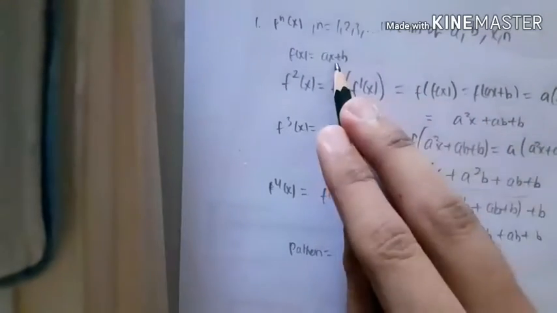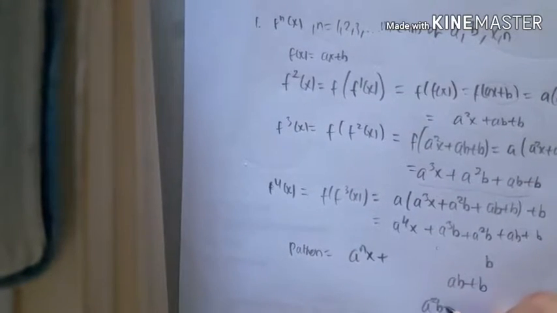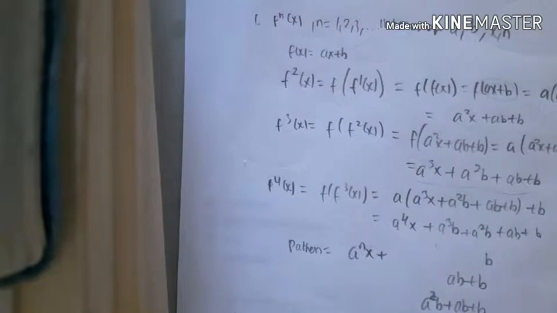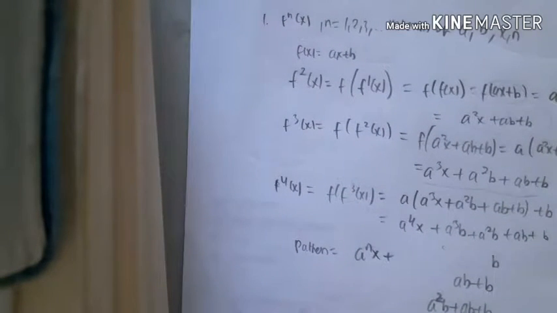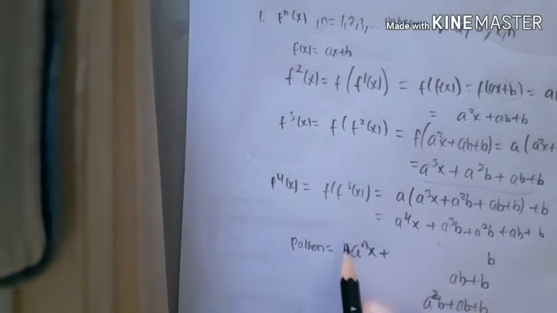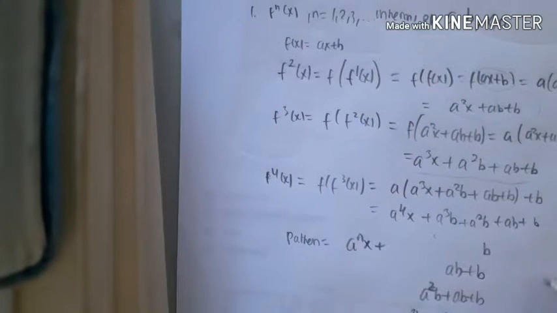If we write the b here, so b, ab plus b, a squared b plus ab plus b, a cubed b plus a squared b plus ab plus b. Now you see that this pattern will continue, and let's suppose we have n, let's say we directly go to n. Okay, so in this part we have b times nothing.